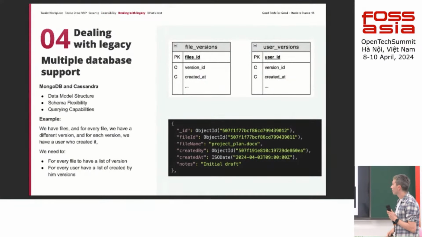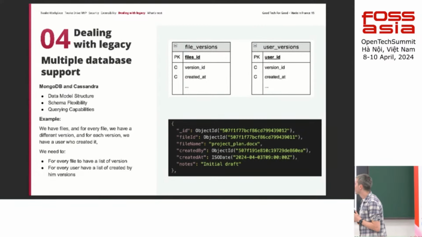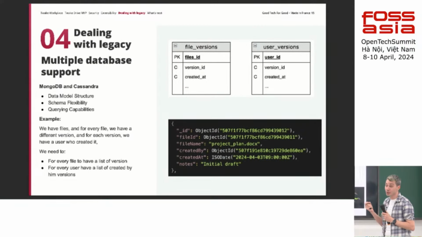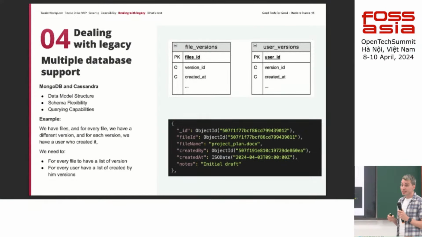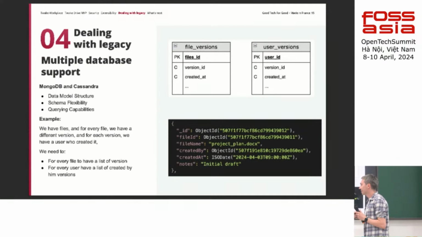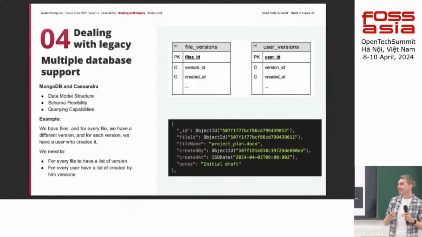So, next point: we forked the old Twake Drive application. It means that we need to deal with legacy. One is this ORM. At first we supported MongoDB and Cassandra. They are absolutely two different databases, with different model structure, different schema, different query capabilities, and different ways of writing queries.